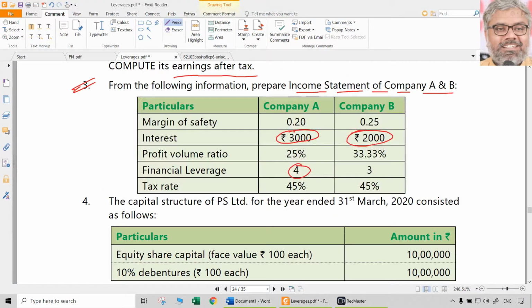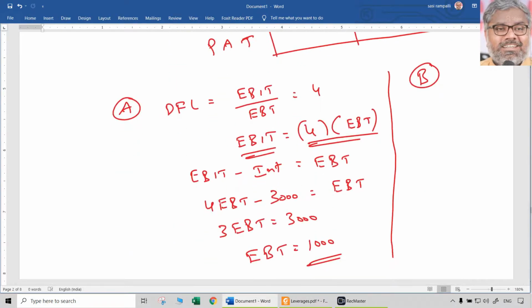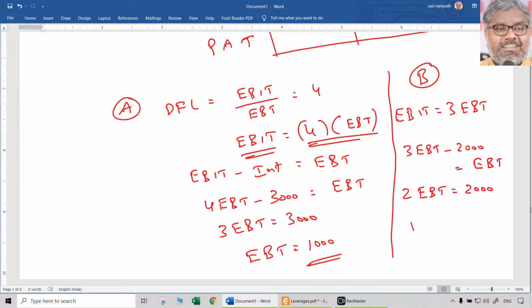Degree of financial leverage for company B is how much? 3 times. Again, which means EBIT is equal to 3 times of EBT. Again, which means 3 times of EBT minus interest, which is 2,000, is equal to EBT. 2 times of EBT is equal to 2,000, taking to the other side.